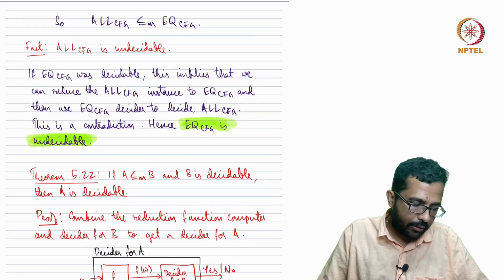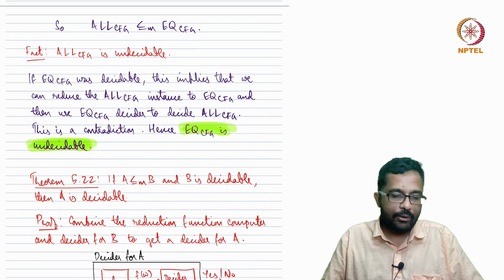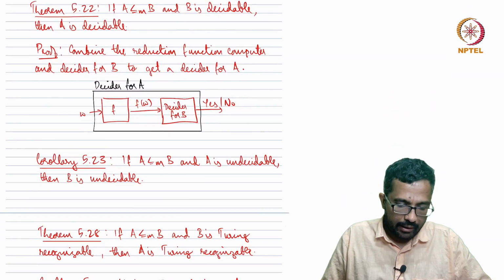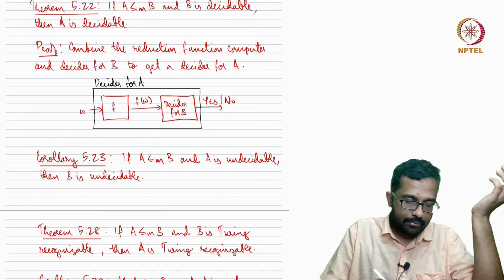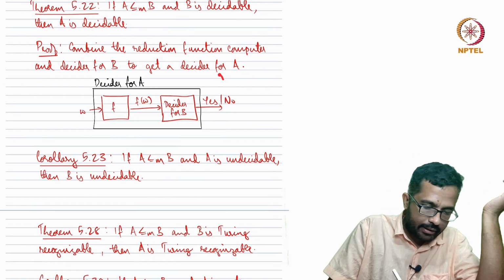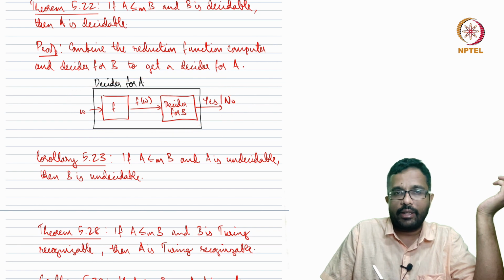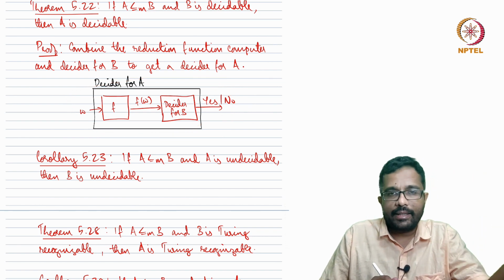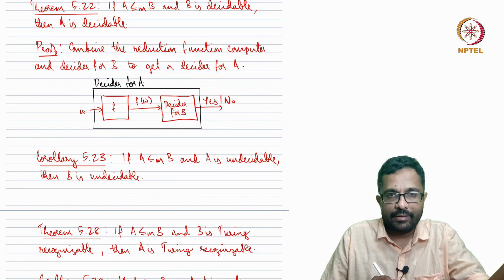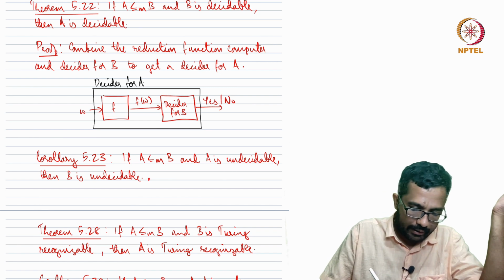This is exactly what we said in the context of EQ-CFG and ALL-CFG. If B was decidable, by this construction we can construct a decider for A, but if we know A is undecidable, then we cannot have a decider.